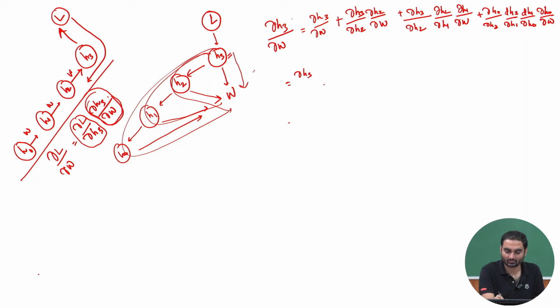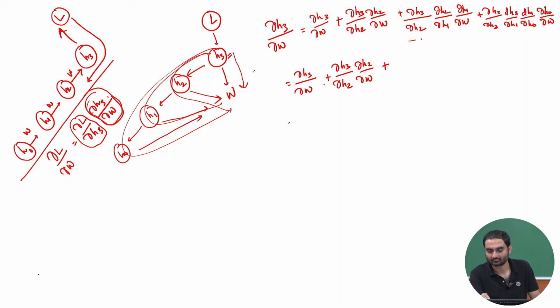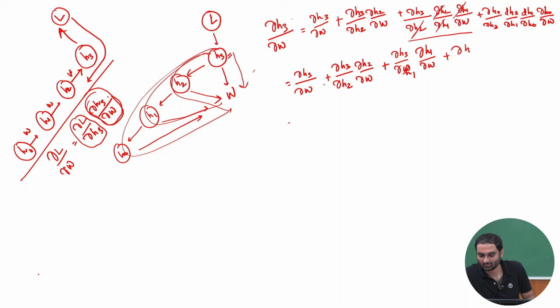Let's do some small simplifications. Can I simplify this? dH3/dH1 dH1/dW plus, now look at this last one: dH3/dH2 dH2/dH1 dH1/dH0. The H2 terms cancel out, the H1 terms cancel out, so this will be dH3/dH0 dH0/dW.